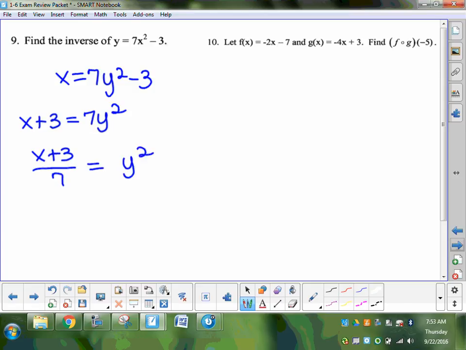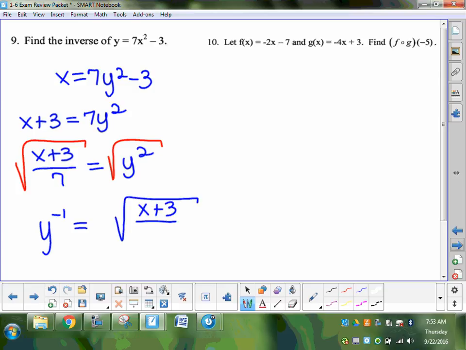And then? So I would go through and say y inverse is, notice I don't say f inverse because the original doesn't give us function notation, is equal to the square root of the quantity. Is everyone okay with that?